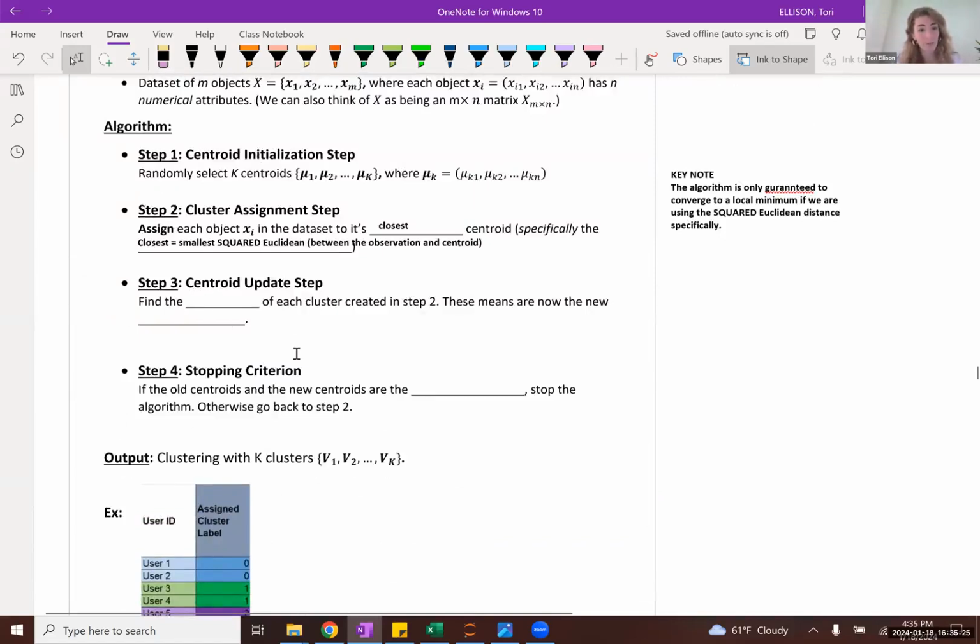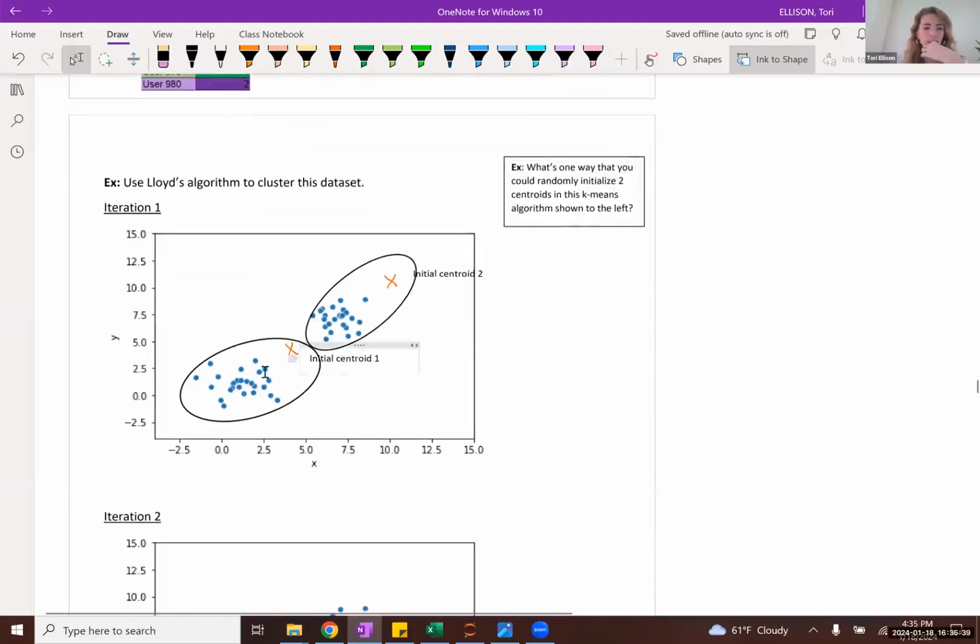So basically, we are going to find the mean of each of the current clusters that we've created in step 2. And then basically these means are now the new centroids. Okay. So going back here, we can see that the mean of all the x-axis values of these observations is something like here, and the mean of all these y-axis observations of the points here is something like here.